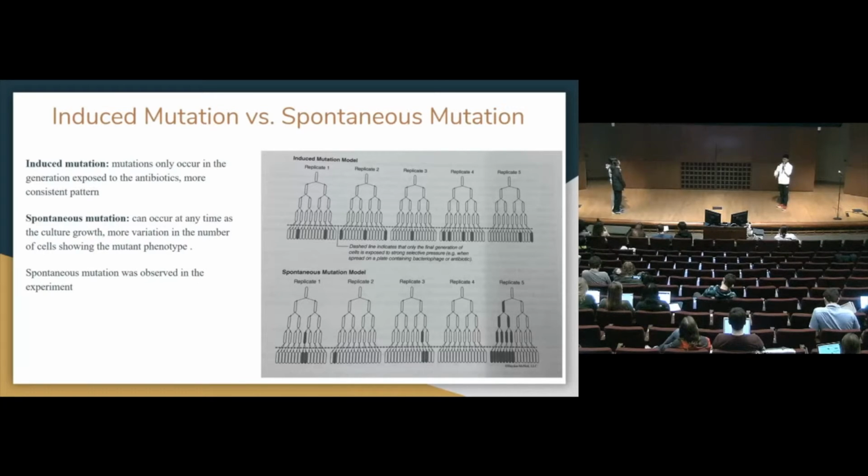Then in that culture, after applying antibiotics, you see no resistance. So in this model, you're expected to see a lot of variation in the number of cells that survive the antibiotics, and that's actually what we see in the experiments.